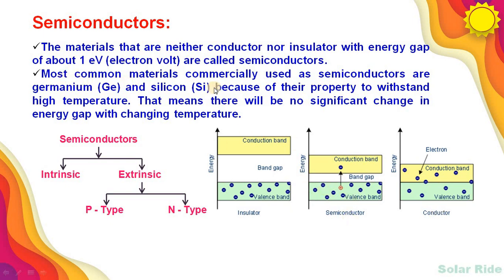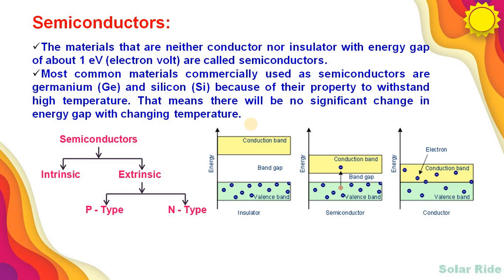The most common materials commercially used as semiconductors are germanium and silicon, because of their property to withstand high temperature, meaning there is no significant change in energy gap with changing temperature. Most semiconductor manufacturing companies use germanium and silicon. These are much more available on the earth.